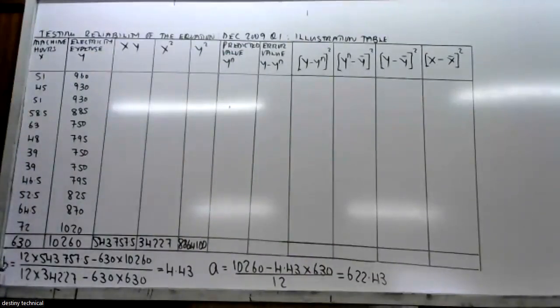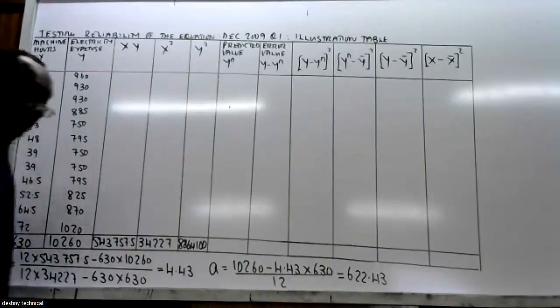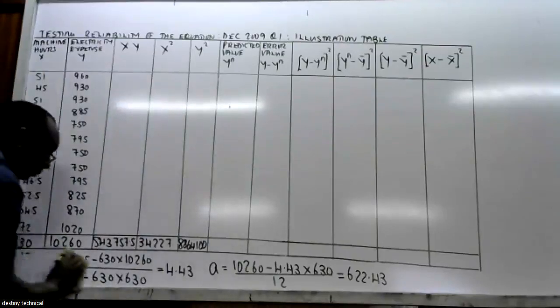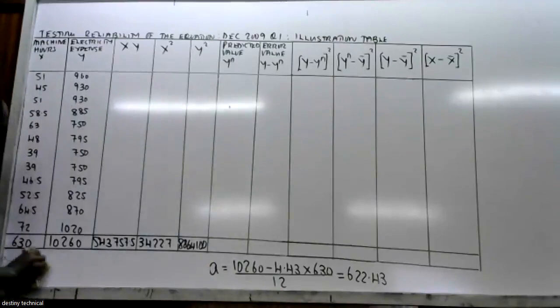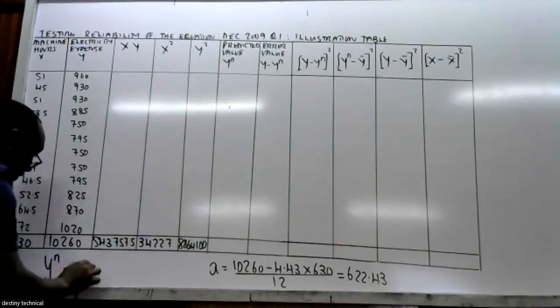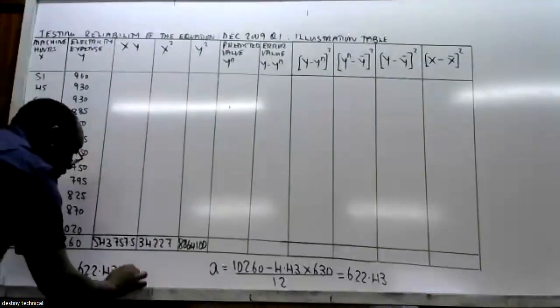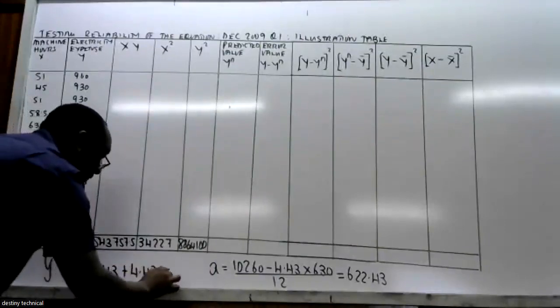So if it is correct, we now need to predict. So below that, you will write: y predicted will be equal to 622.43 plus 4.43x.